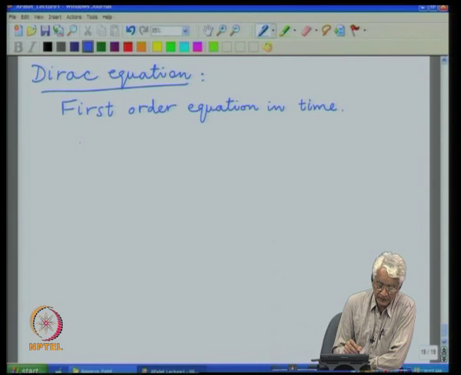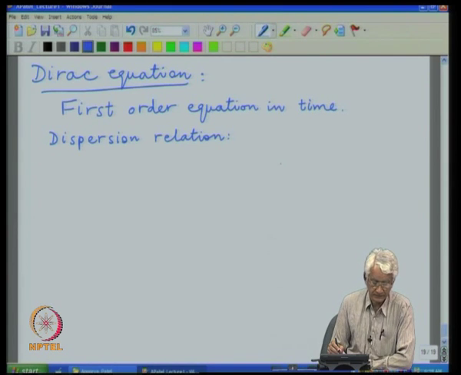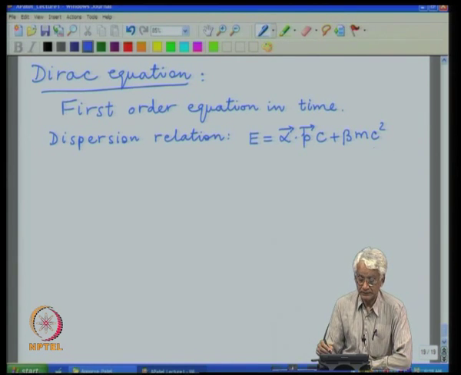So, his starting point was an assumption that one can write a dispersion relation which was first order in energy, instead of E square is equal to P square plus m square, and his hypothesis can be written as two different terms.